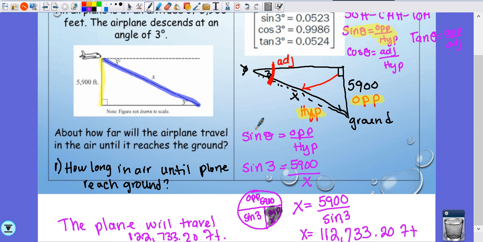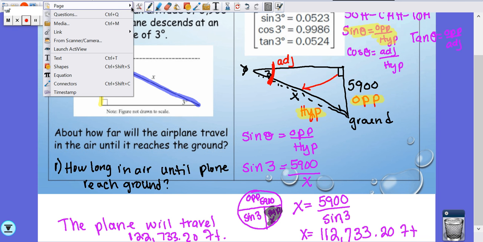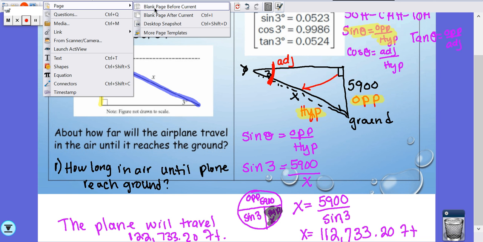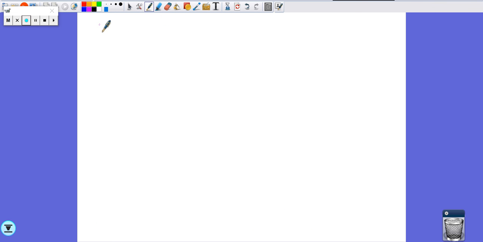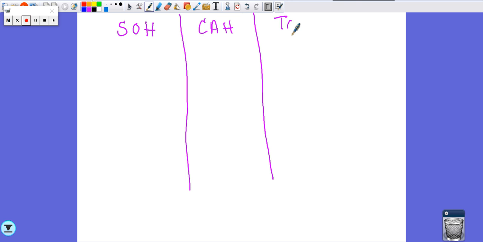All right. So there's a couple more things I want to do for my even class since you're learning this from the video. Let me do an insert page. All right, so the different ways to set up the trig functions, because there are three. SOH CAH TOA.